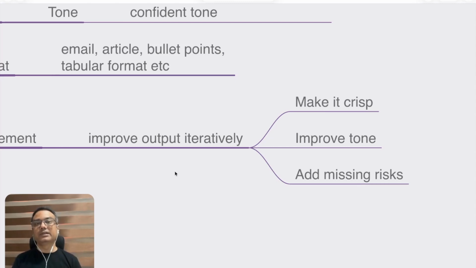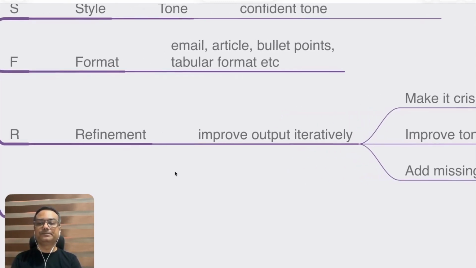Refine it based on your experience. If the first output is perfectly fine, that is okay. But when you think the response is missing some detail, don't be lazy. You need not work, the LLM has to work. You can say this needs more detail, or some risk is missing, or the action point should be more convincing. Keep iterating until you are satisfied with the response.